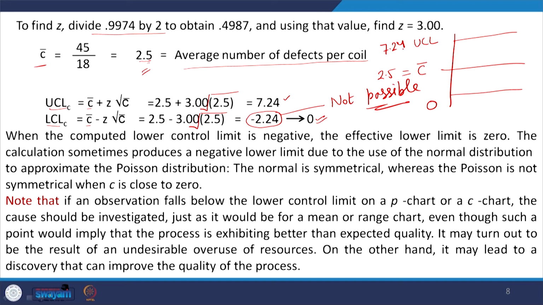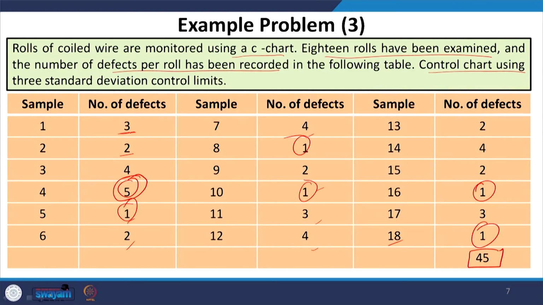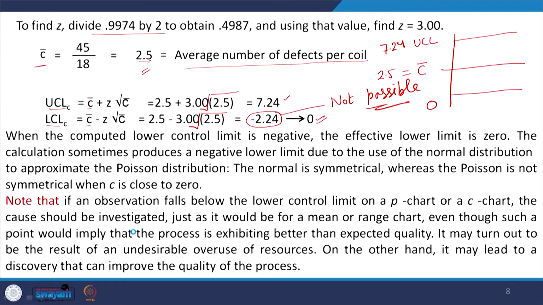Now, you already have the number of defects in each sample. These are 3, 2, 4, 5, 1, 2, etcetera. You will plot these values over samples 1, 2, 3.